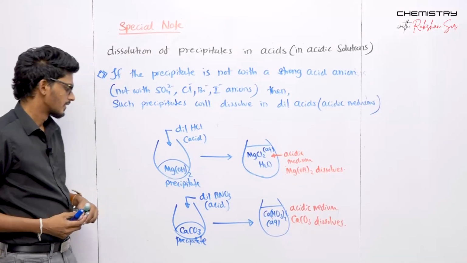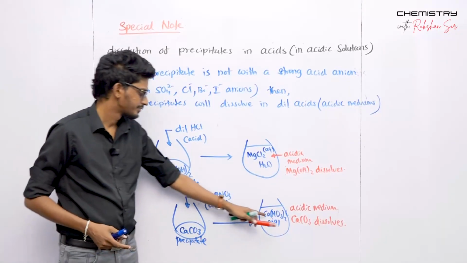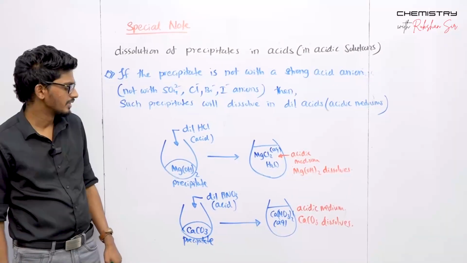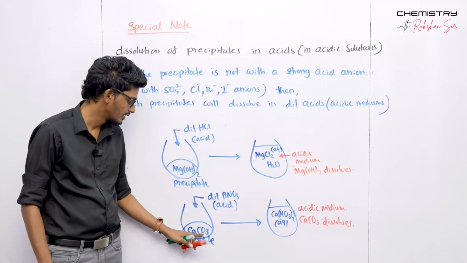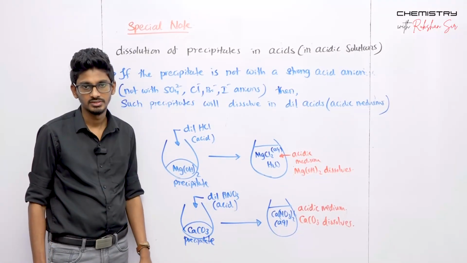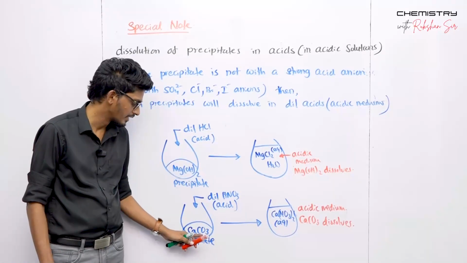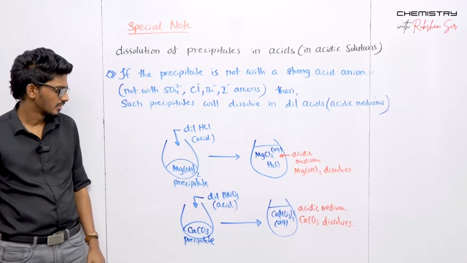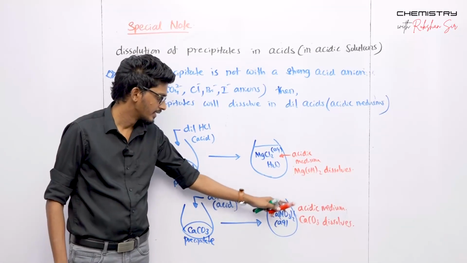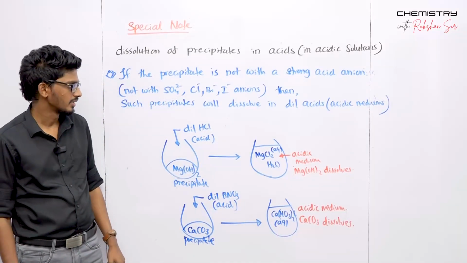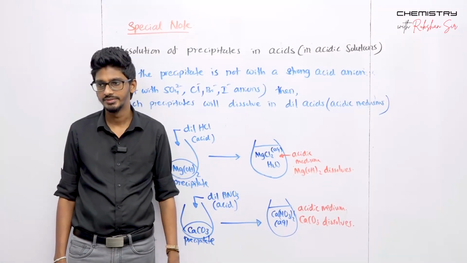So precipitate won't appear in acidic mediums if a precipitate doesn't contain a strong acid anion. Precipitate will dissolve in acidic mediums, right? That is very important. Note that.